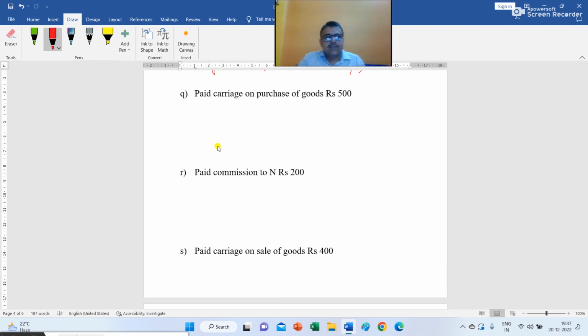Now the next transaction given is paid carriage on purchase of goods rupees 500. When you are paying for carriage on purchase, this is carriage inward. So again there is an outflow of cash. So whenever there is outflow of cash, credit will be given to cash. And debit is for carriage inward, because carriage on purchase means carriage inward.